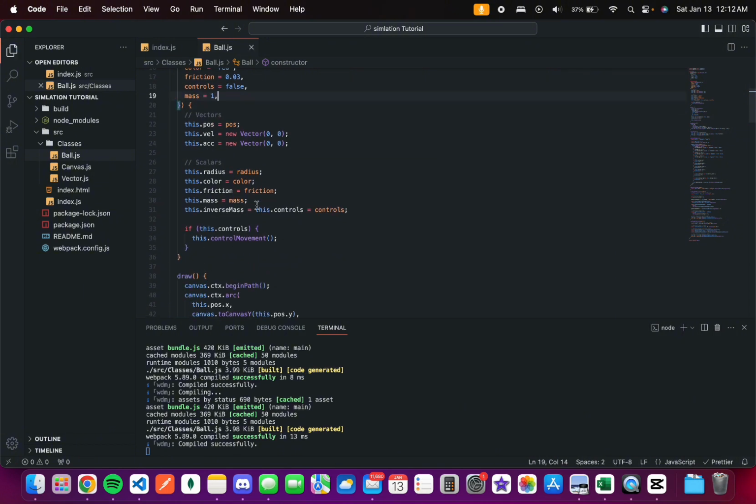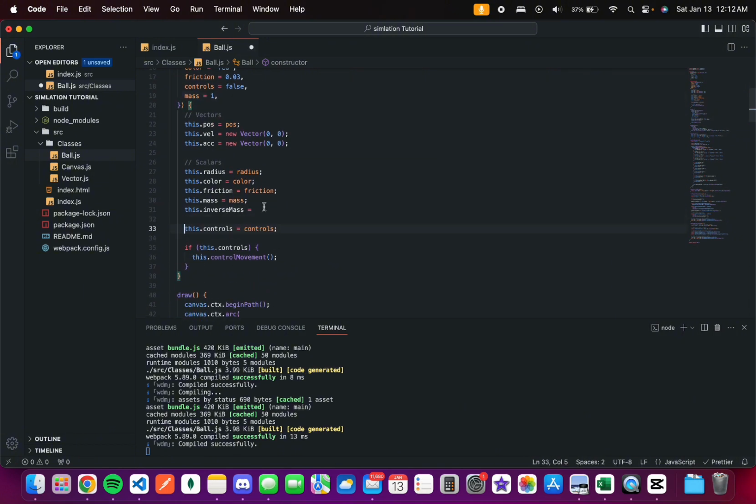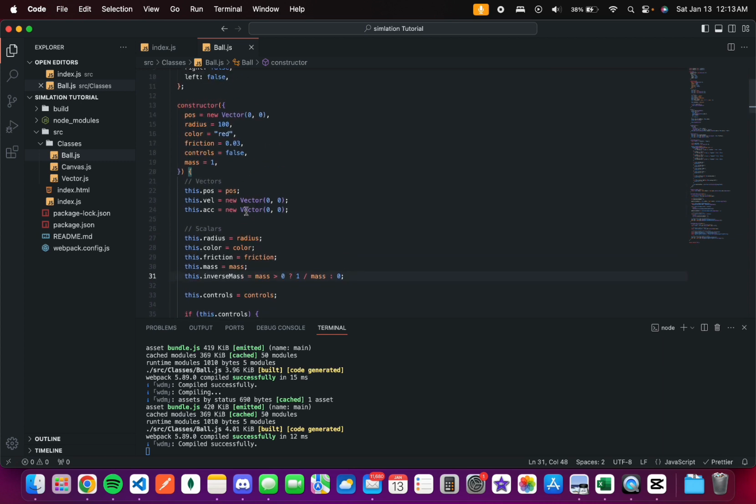Let's just put it as that for now. So then the inverse mass will be a ternary operator that checks whether or not it's greater than 0. If it's greater than 0, return 1 over mass. Otherwise, just return 0, because dividing 1 over 0 is going to result in an error, so that's what we're going to do for this.